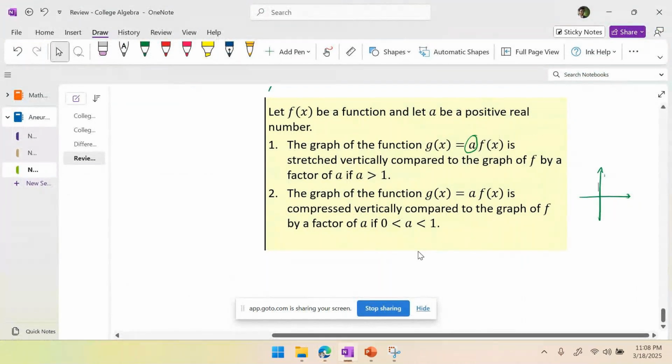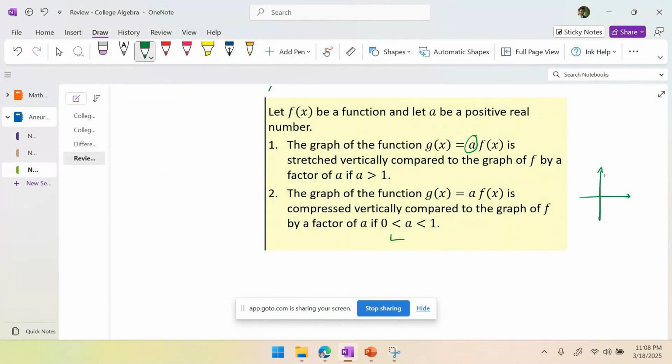Here, when you increase the value of a, it stretches, and when you decrease the value of a, it compresses.